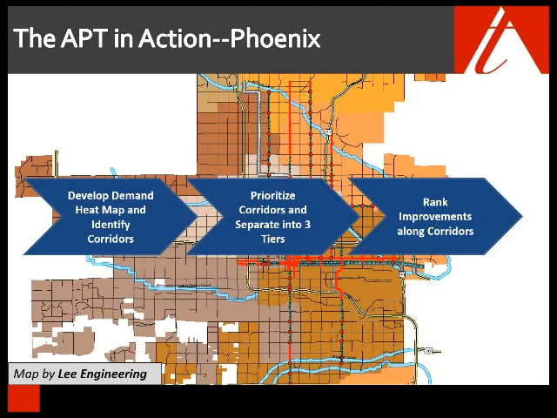An iterative approach made a lot of sense for Phoenix, since the vision for the bicycle master plan emphasized developing a well-connected bicycle network linking people and places, which made it important to understand what corridors in Phoenix were the most important corridors for linking people and places, and what specific locations along these corridors should be prioritized for improvement. The following slides describe the iterative process Phoenix used in a bit more detail.